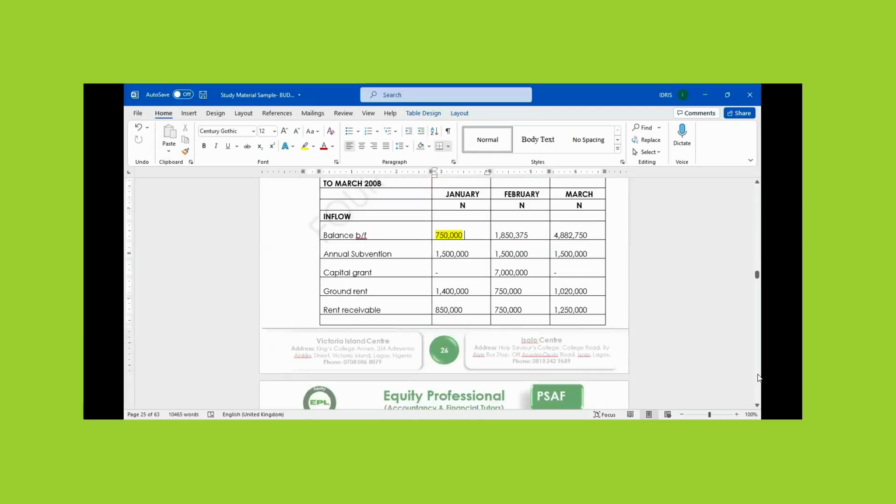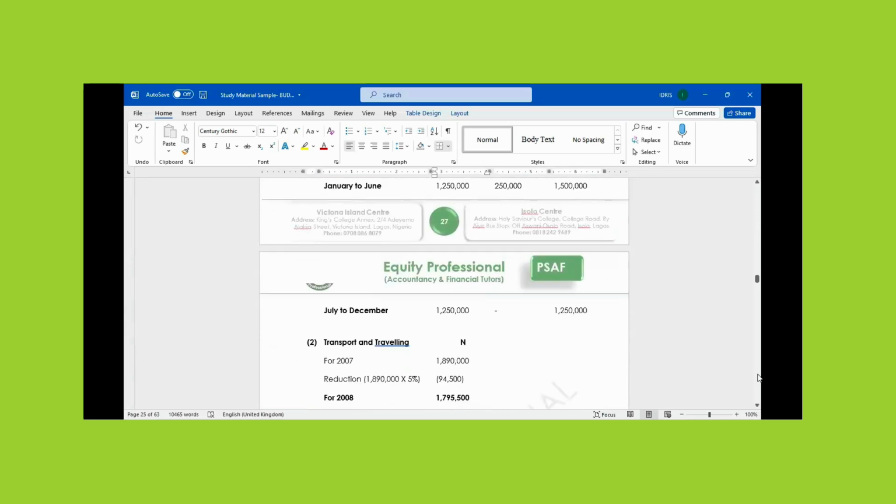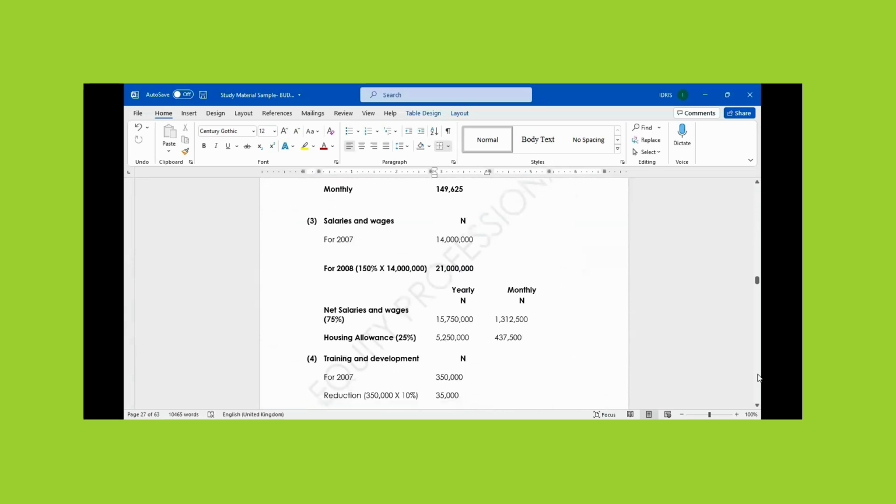Working notes. Salaries and wages. Working note 3. Salaries and wages for 2007 is what? 14 million. And they say in 2008 it's going to be what? 150%. That means 150% of 14 million, which is 21 million.